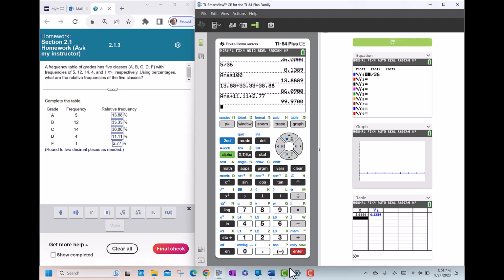Sometimes you actually have to fudge the numbers because these numbers don't lend themselves to good percentages to 2 decimal places.